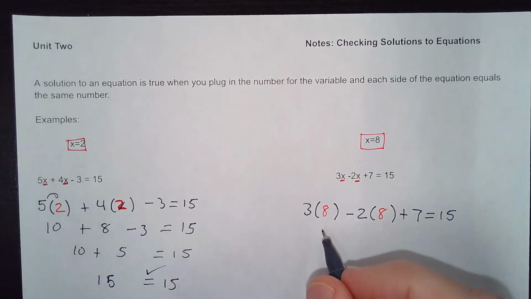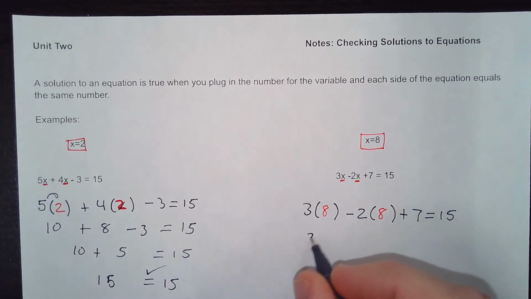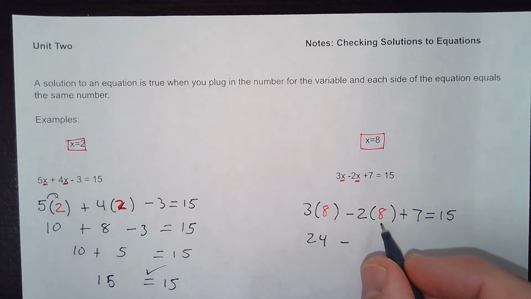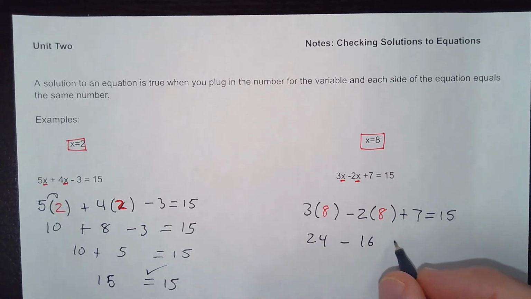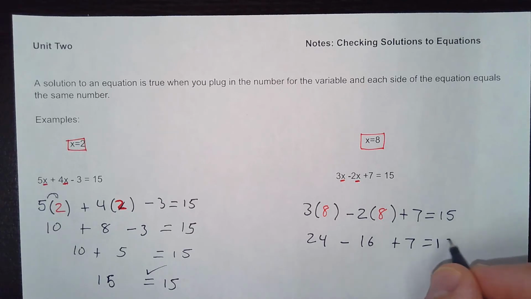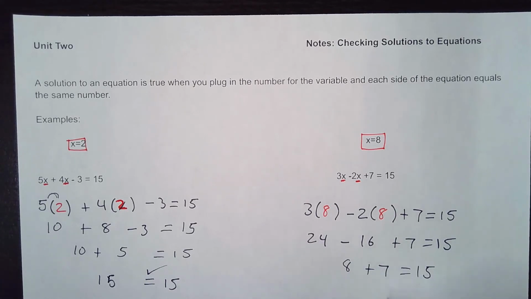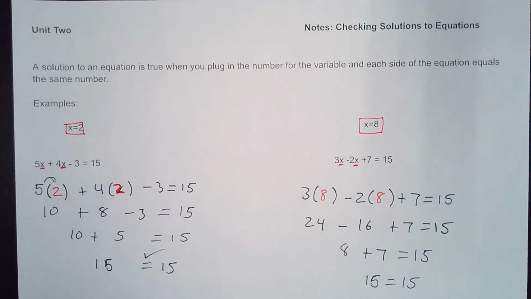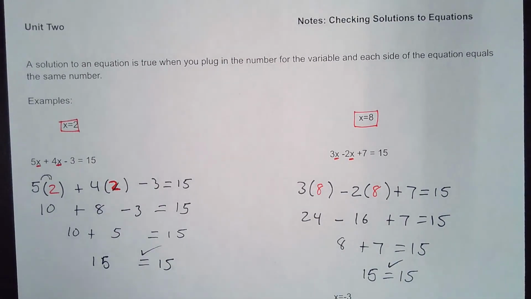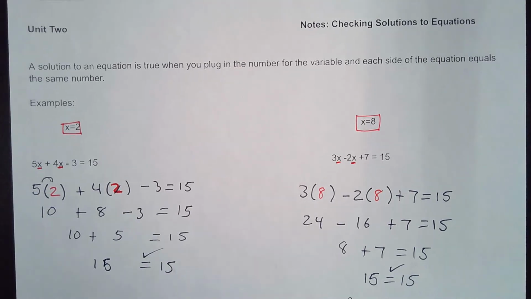Simplify. 3 times 8 is 24, 2 times 8, plus 7 equals 15. 24 minus 16 becomes 8, plus 7 equals 15. 15 equals 15. So this one is also true.